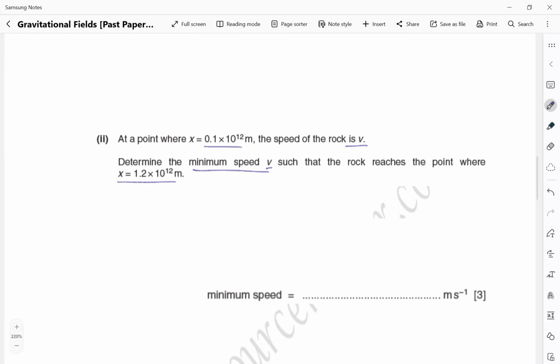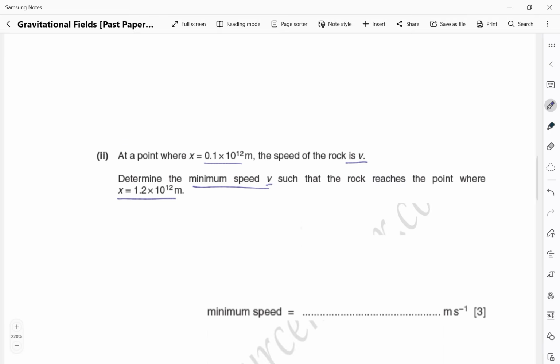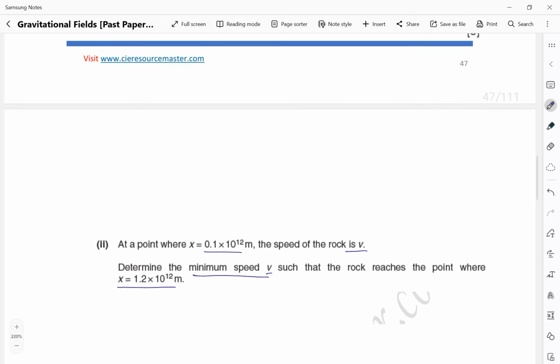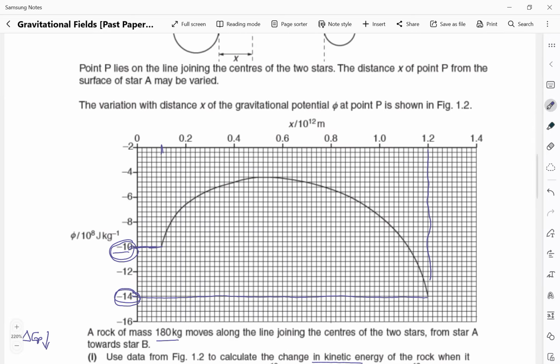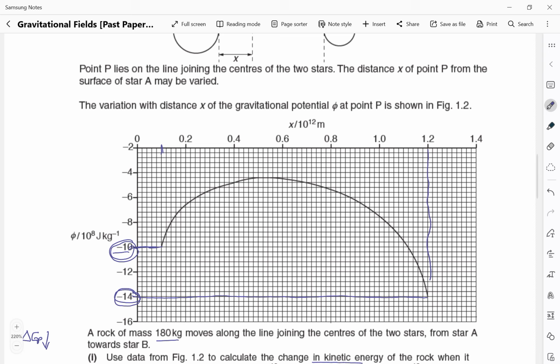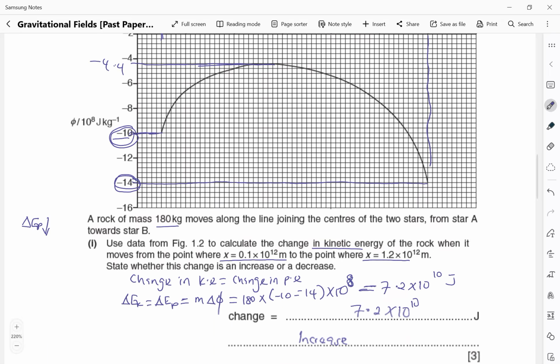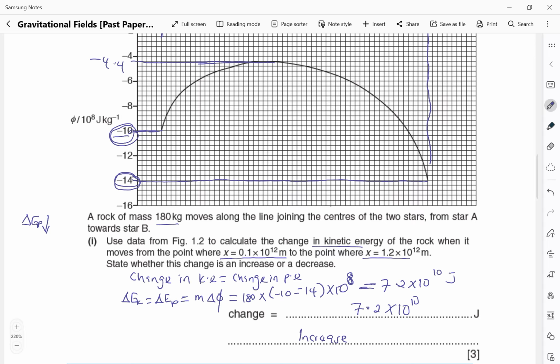Okay. So we notice the maximum potential from the graph. What is the maximum potential? I think the maximum potential is this one here, which is -4.4. So the maximum potential from the graph is -4.4 times 10 to the power of 8 joules per kilogram, and the initial potential is -10.